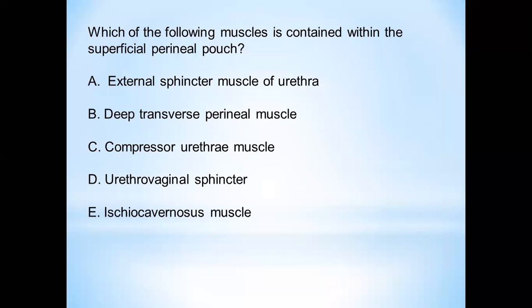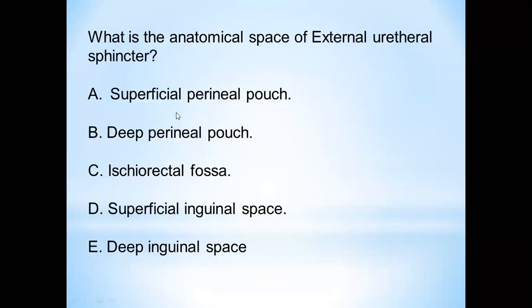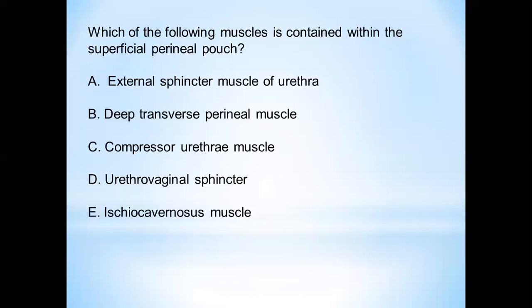Okay, then it's my mistake that I've written both of them as the same option. Only urethra is a part of the superficial perineal pouch, not the external urethral sphincter. The sphincter of urethra is not a part of superficial perineal pouch.